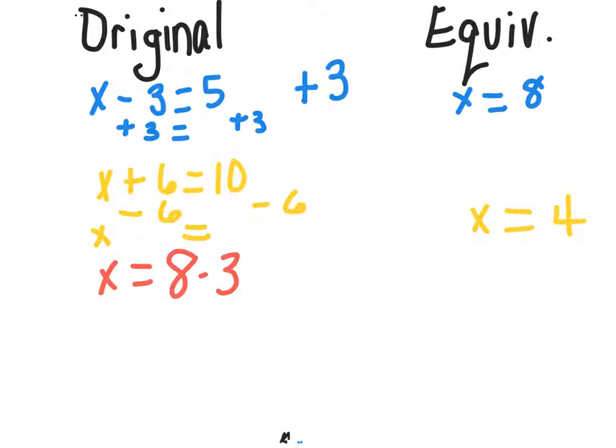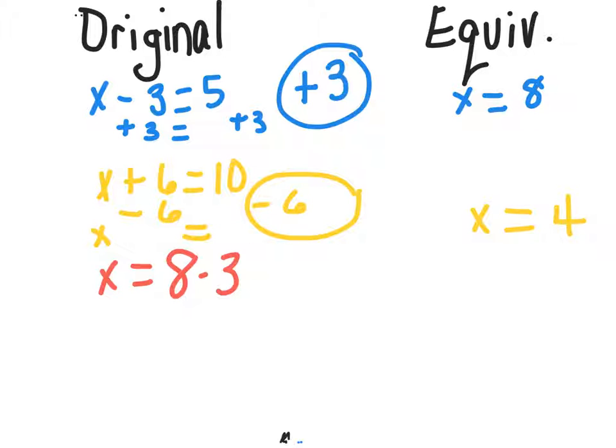So up here, the operation to make this equation equivalent was to add a 3. Over here, the choice was to add a negative 6 to both sides.